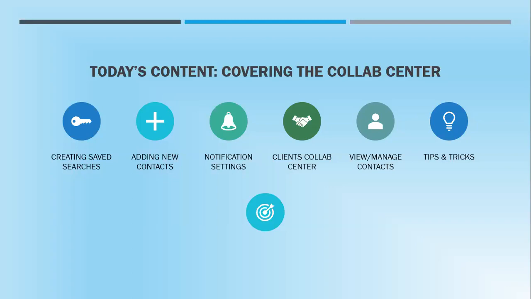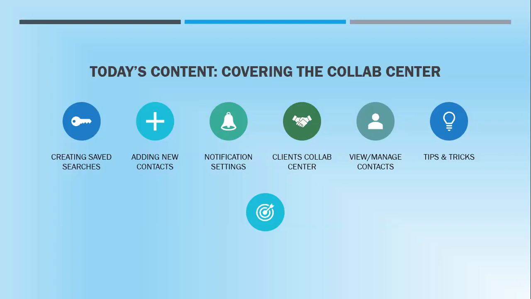And after we save that search and add a new client, we are going to kick off the Collab Center tool, and we are going to start working on notification settings. We'll determine the urgency of that buyer. Is it something where they're looking now, and maybe sending notifications on a monthly or weekly or immediate basis, whatever is most appropriate for that buyer? We will set that up.